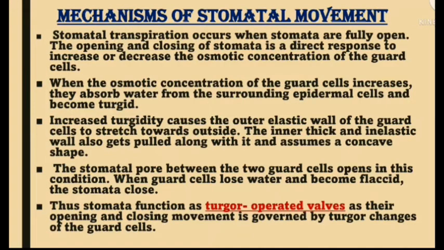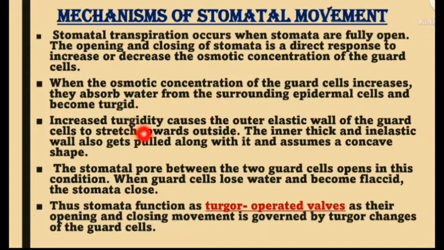Moving on to the next topic, the mechanism of stomatal movement. Stomatal transpiration occurs when stomata are fully open. The opening and closing of stomata is a direct response to the increase or decrease in the osmotic concentration of the guard cells. When the osmotic concentration of the guard cells increases, they absorb water from the surrounding epidermal cells and become turgid.